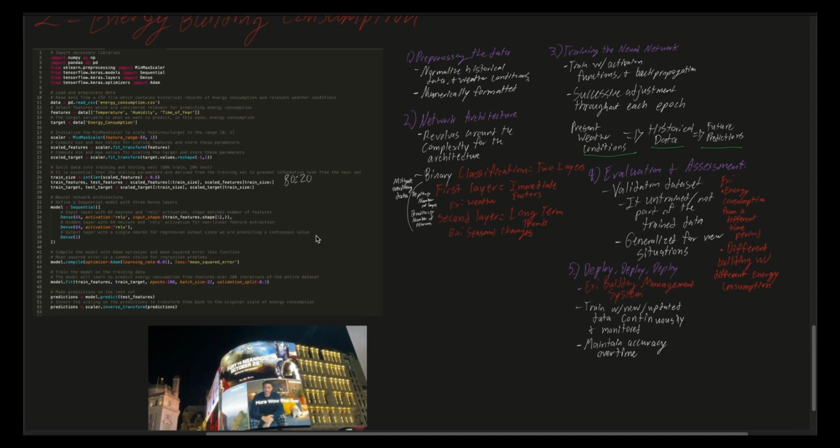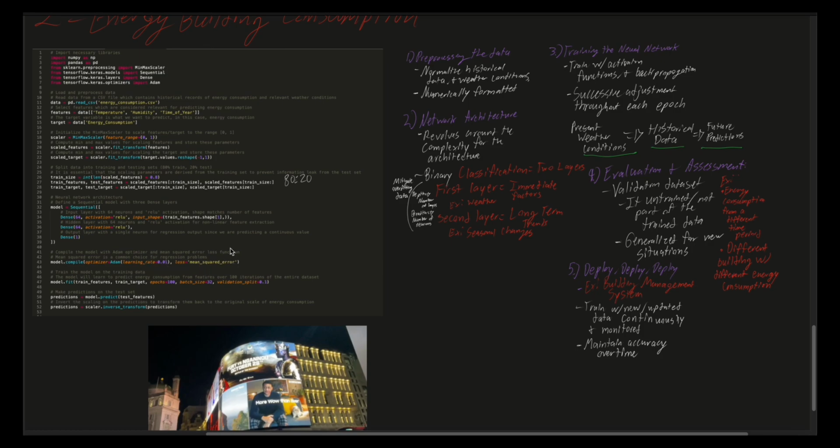Afterwards we compile the model all together, using a tool called the Adam optimizer to compile the model with the 3 different layers that we have, with a loss function for the mean squared error.